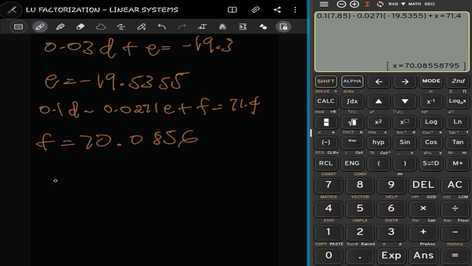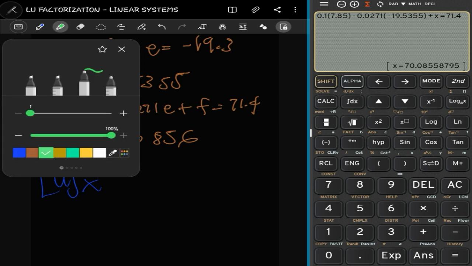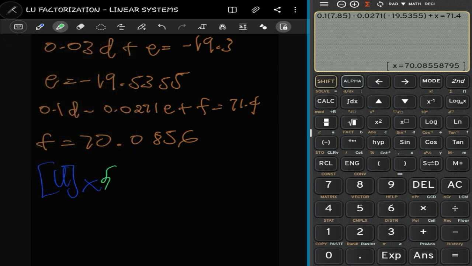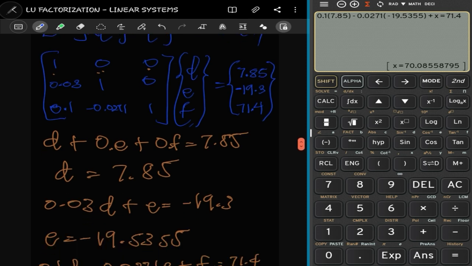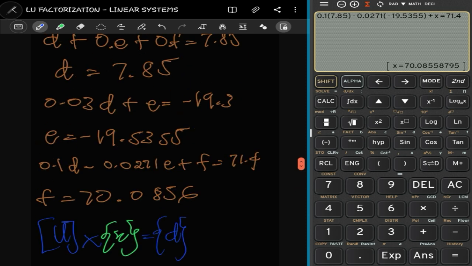Basically, the next step is upper times the X that we are trying to find, and this should be equal to the D which we just found, which is just the D, E, F, right?